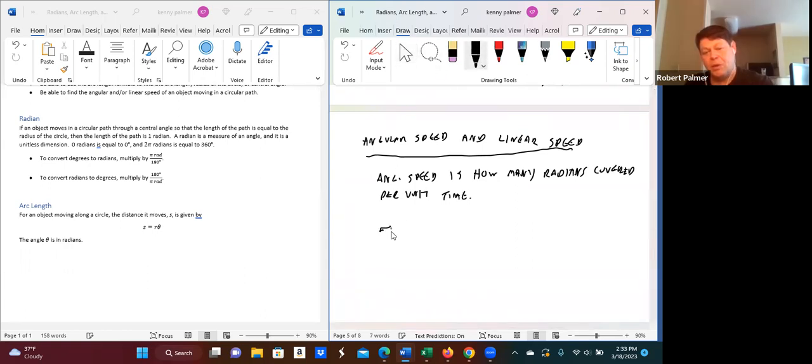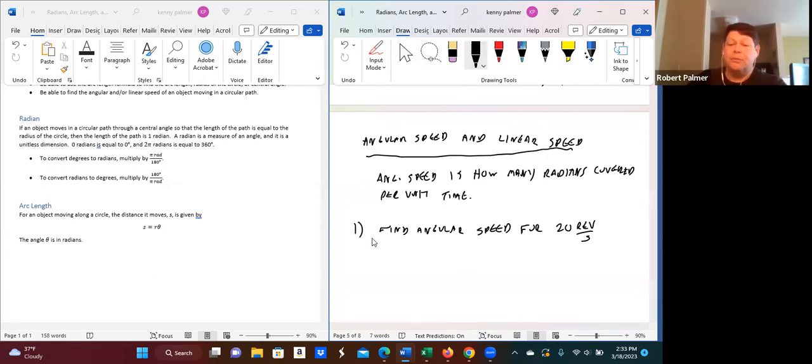Let's find the angular speed for 20 revolutions per minute. Now just make it per second. Okay, 20 revolutions per second or minute, either way.